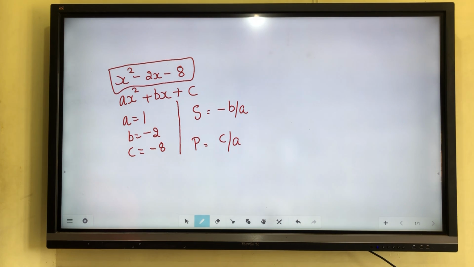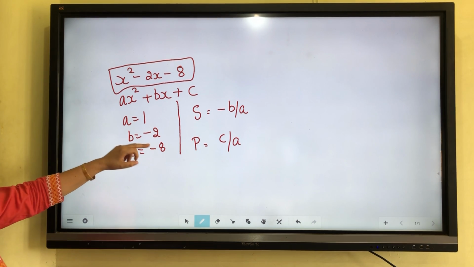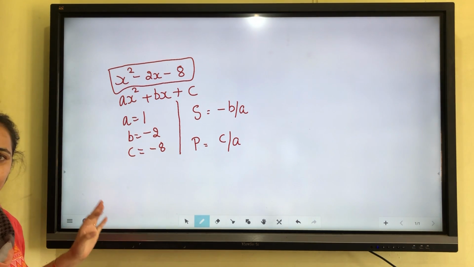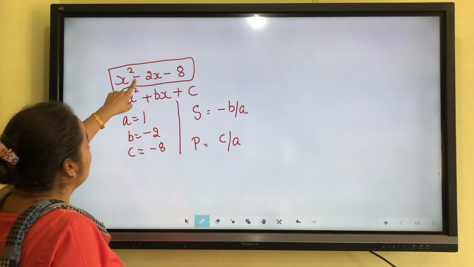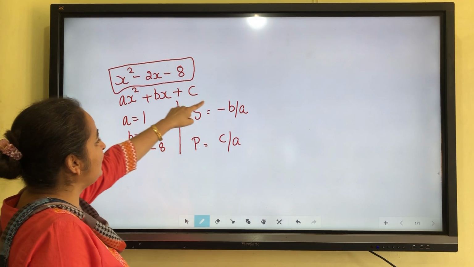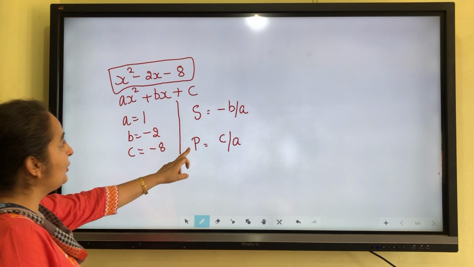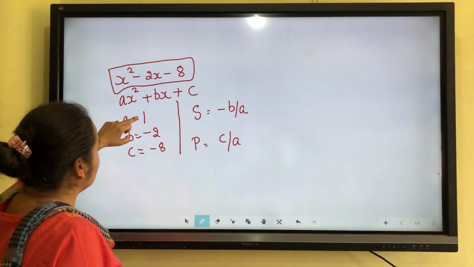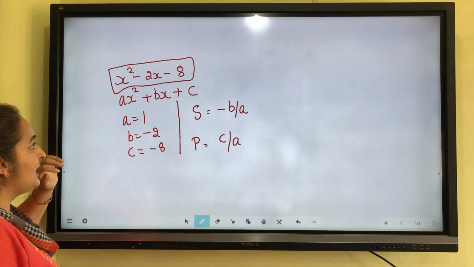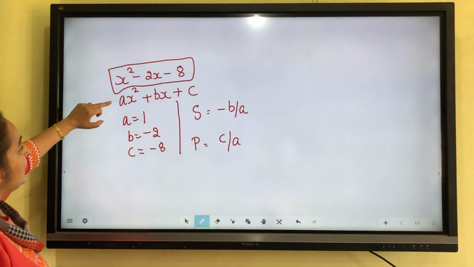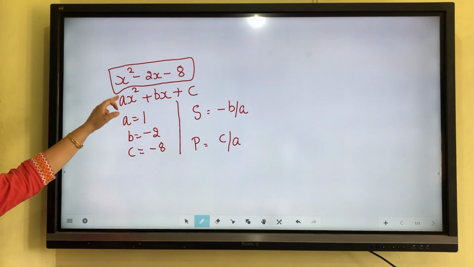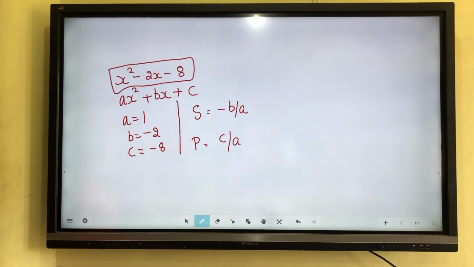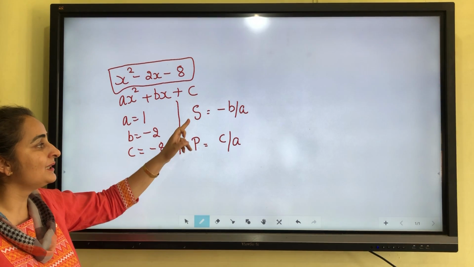If I give you any polynomial of power 2 and ask what the sum and the product of the question are, you tell me the sum is 2 upon 1 because minus and minus comes out to be plus, and the product is minus 8 upon 1, because the coefficient of x square is 1. When I compare this polynomial with the general one, the coefficient of x square is called a, but here there is no coefficient, so I say the coefficient is 1. This is the general formula for checking the sum and product.